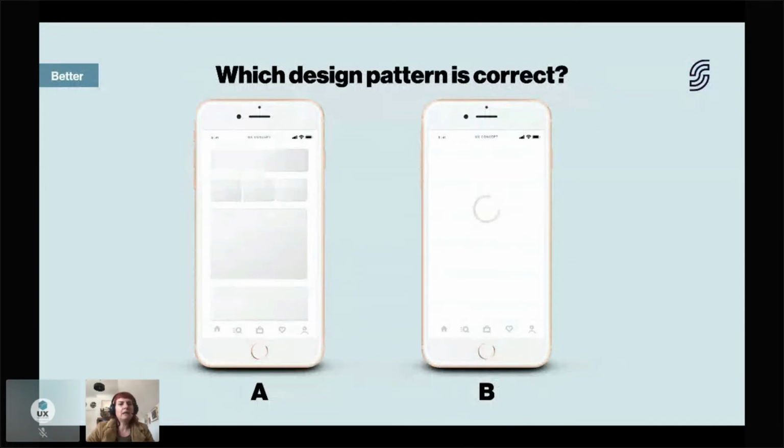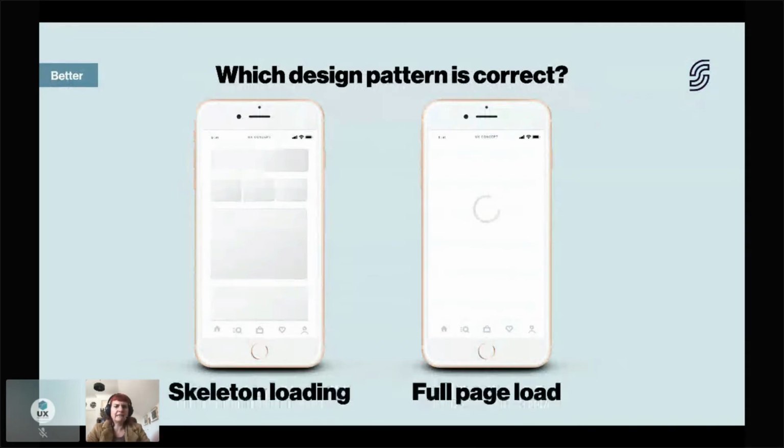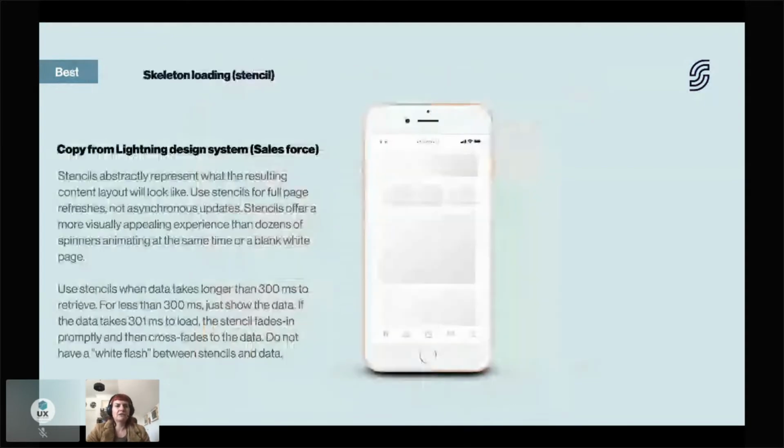In this case, I know that they're both loading patterns, and I also know what they're called. The one on the left, A, is called skeleton loading or stencil loading, and the one on the right is called a full page load. So we've already started unpicking this problem and getting to different answers. So let's get to the best answer.